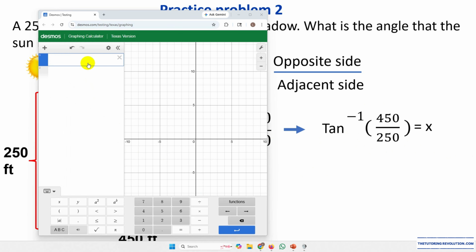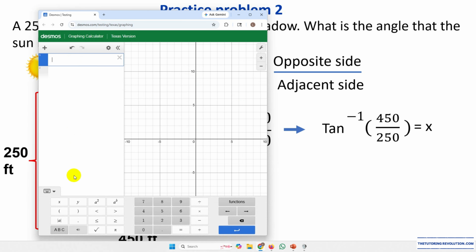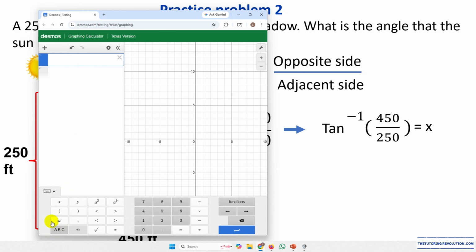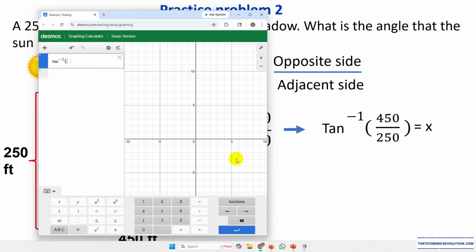So I'm here in the calculator. I already checked that the angle is in degrees. Now I click here, and if this is minimized, you have to click this keyboard icon to maximize it. You click functions and you click tangent inverse.